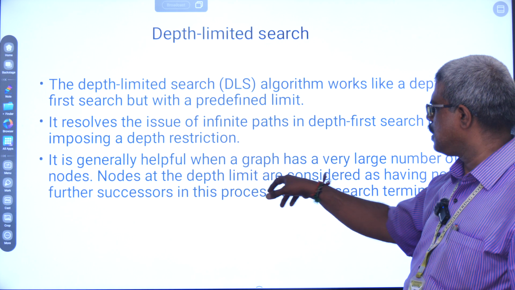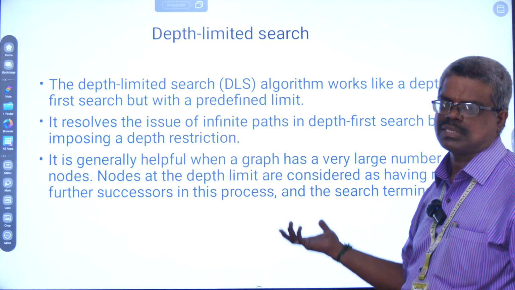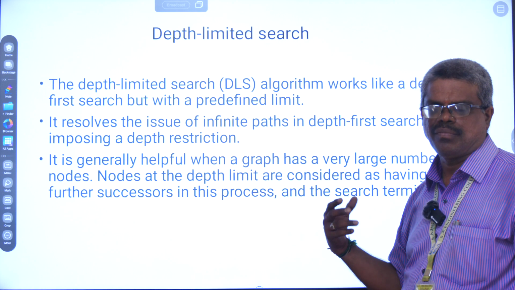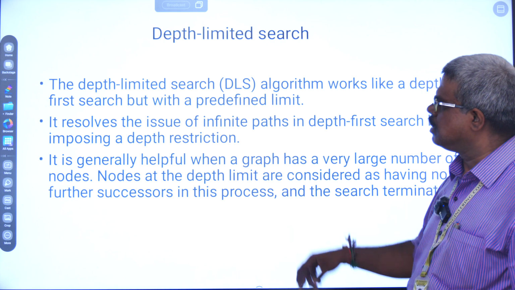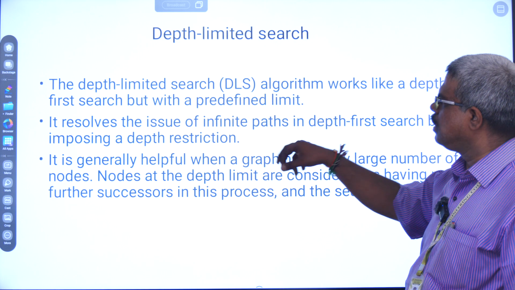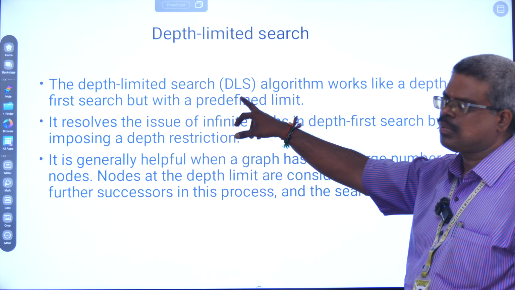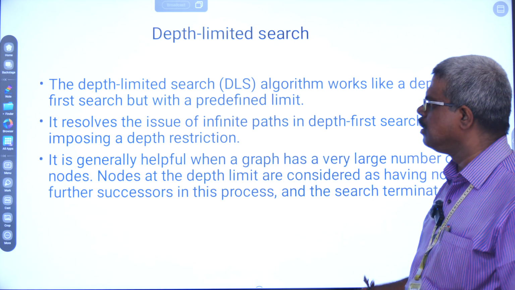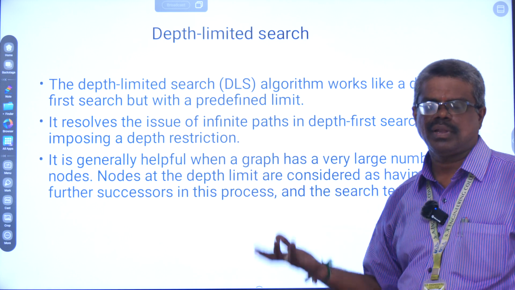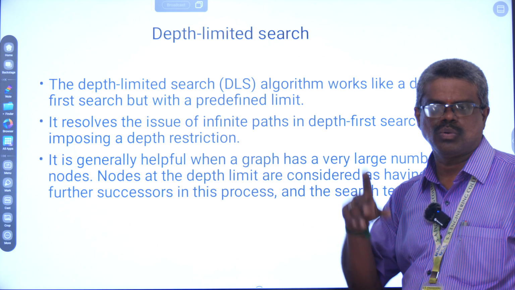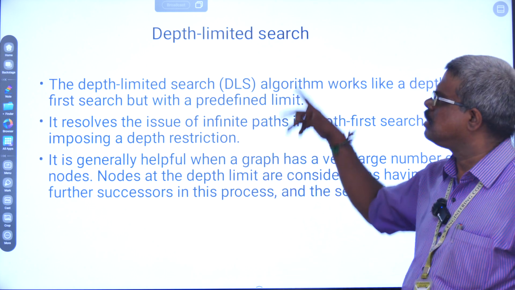Nodes at the depth limit are considered for further successors. If you keep on increasing your root, it will be used. This is called depth limited search. It is mainly based upon the concept of DFS. It also resolves the issue of infinite path, so if you have infinite loops or infinite paths in the root structure, that will also be resolved.